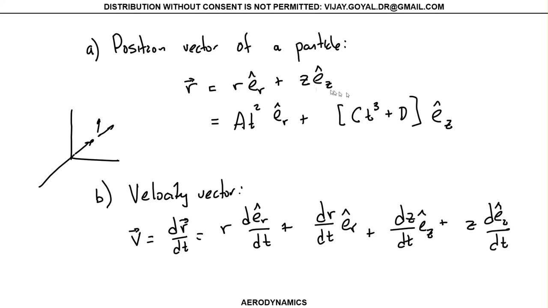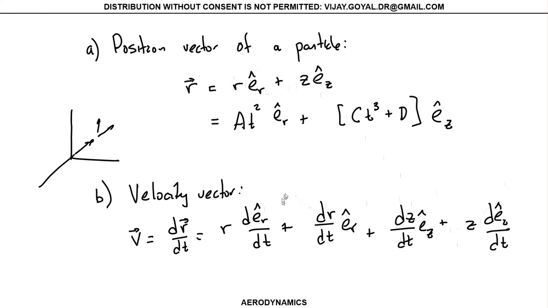You're taking the time derivative of each of these quantities, using the chain rule, the time derivative of the first term times the second term, and so on. That's what we did here.